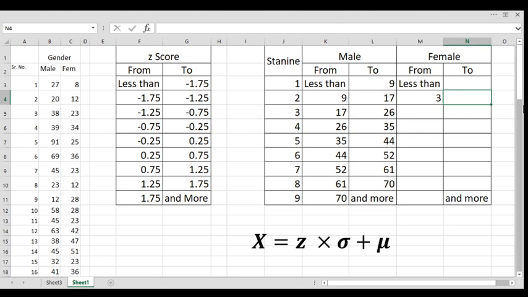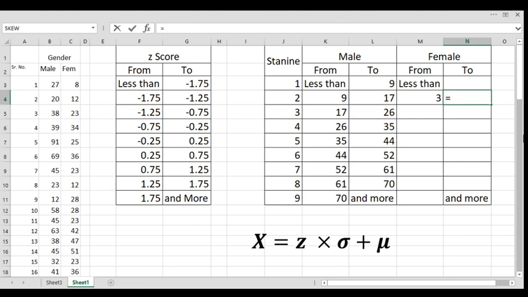The starting point of second stenine of female is 3, and now we have to find the ending point of second stenine in terms of X, and the X to be found here for the ending point of second stenine of female corresponds to Z equals to minus 1.25. We have to remember that minus 1.25 is written in G4.